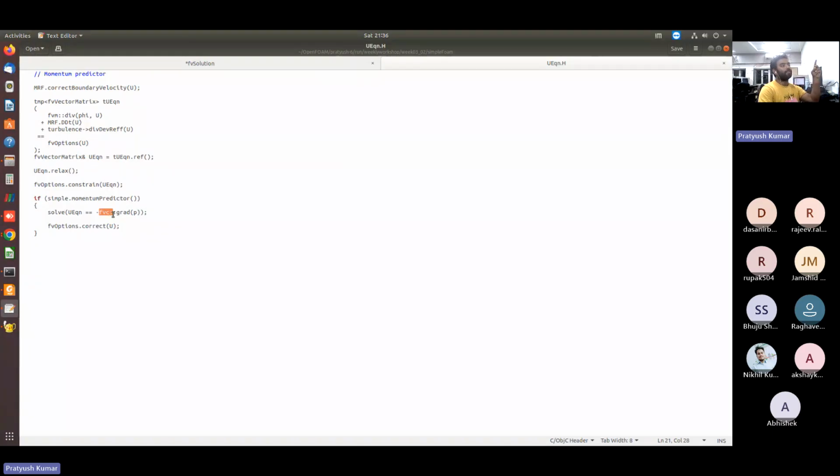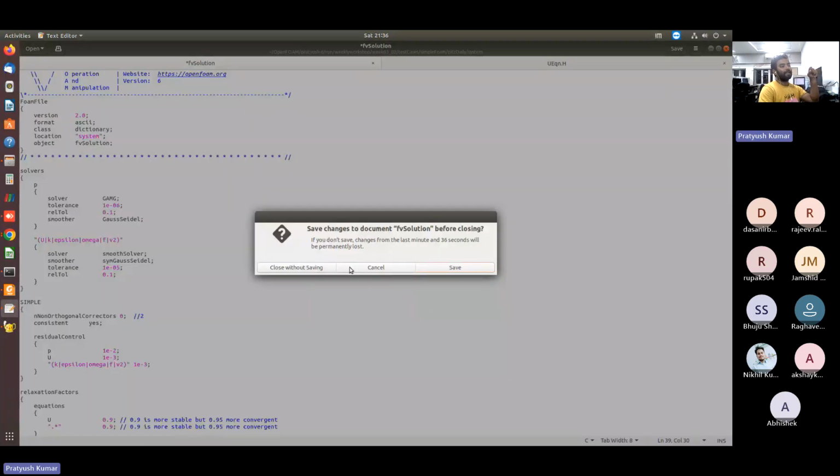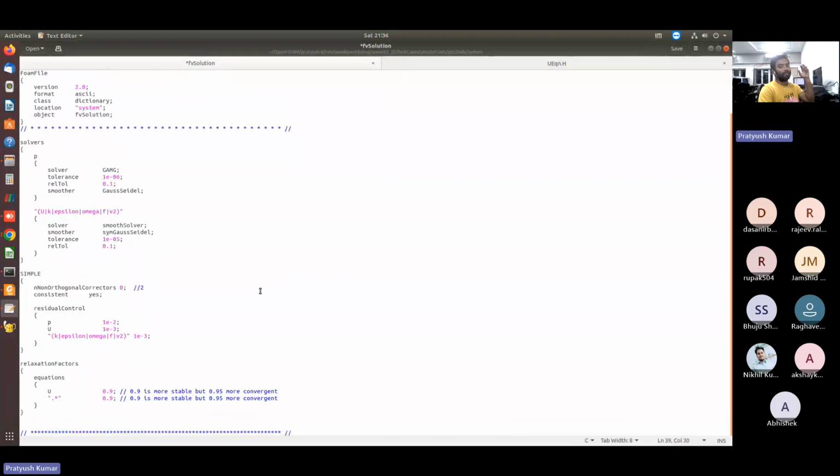I told you the difference between the fvm and the fvc, finite volume method and finite volume calculus. Here we are taking it as an fvc because we are treating it as a source term in the U equation dot H, whatever matrix we have formed here. So this fvc gradient is acting as the source term here.